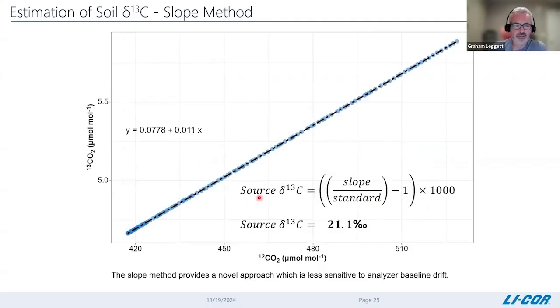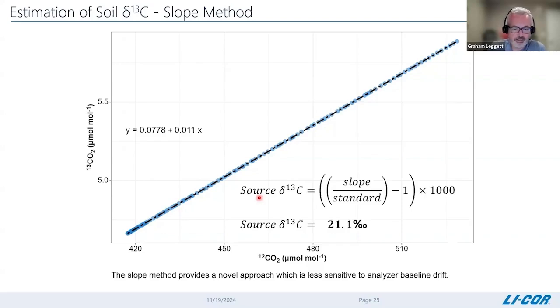And we have an alternative method to do this, which is a bit less sensitive to analyzer baseline drift. So that offset that can occur, this method is impervious to that offset. This is called the slope method. What we do here is plot delta 13CO2 versus 13CO2 versus 12CO2 concentration over time, and then we calculate the slope of that change, and then divide that by the standard minus 1 times 1,000 to give us our source delta 13C.